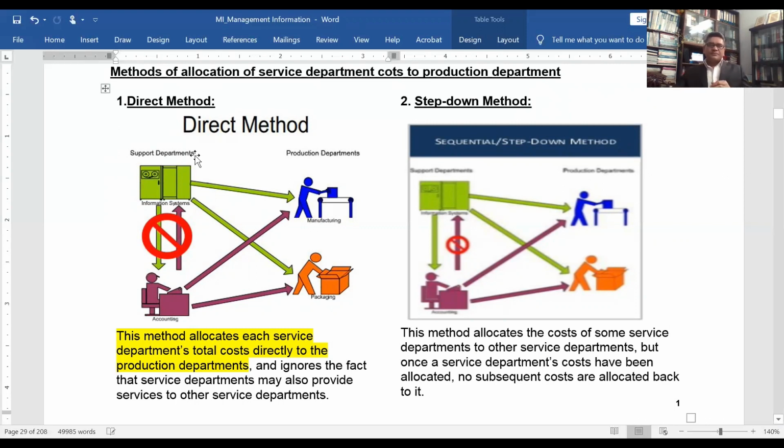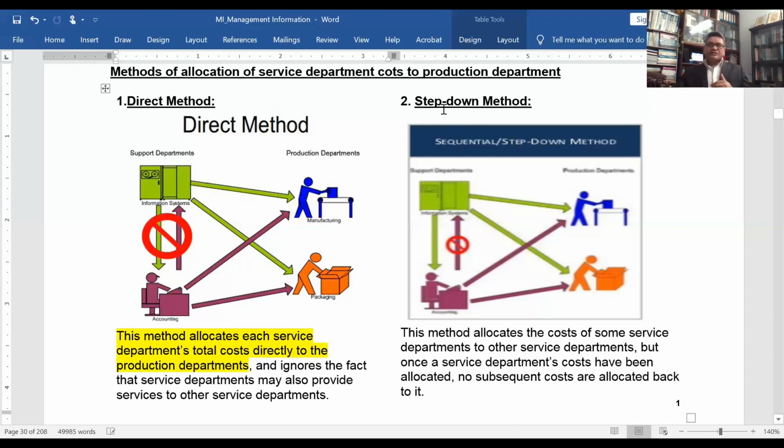Look here in this picture, the service department cost is not allocated to the other service departments, but directly to the production departments. This is the arrow. It ignores the fact that a service department may also provide service to other departments.